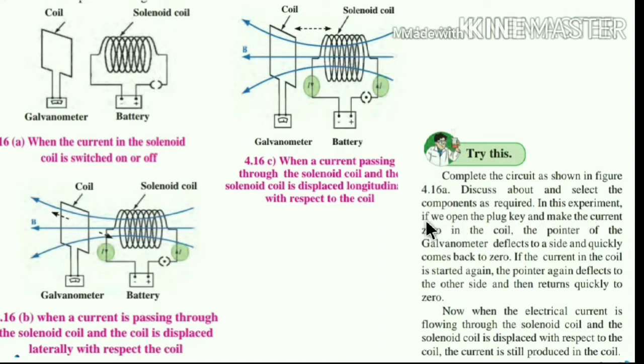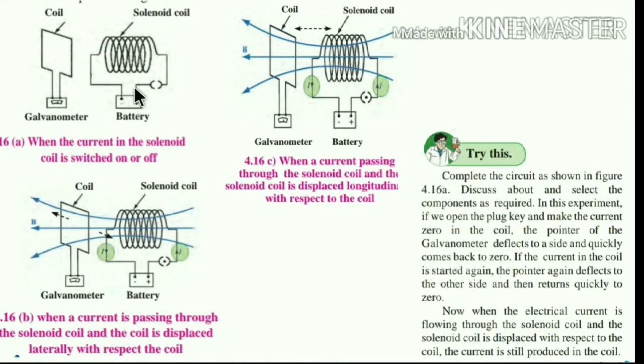See the experiment, with the components required. If we open the plug key, it means there is disconnection of the current, so the current in the coil becomes zero, and the pointer of the galvanometer deflects to one side and quickly comes back to zero.